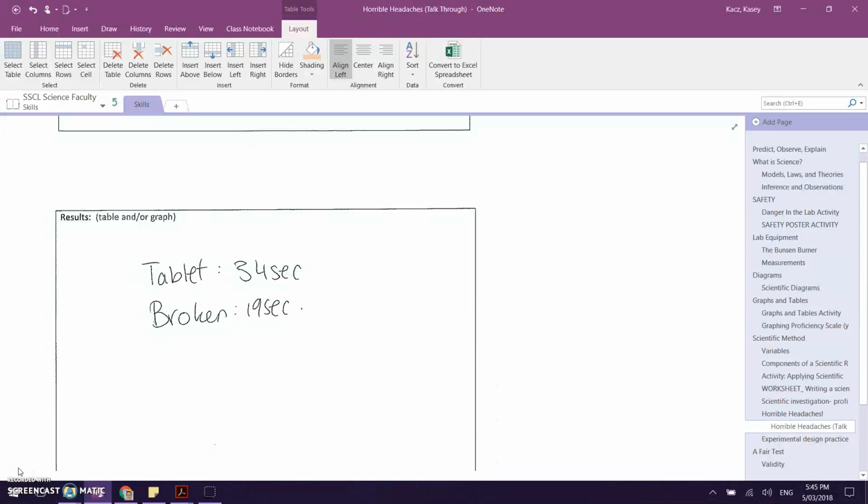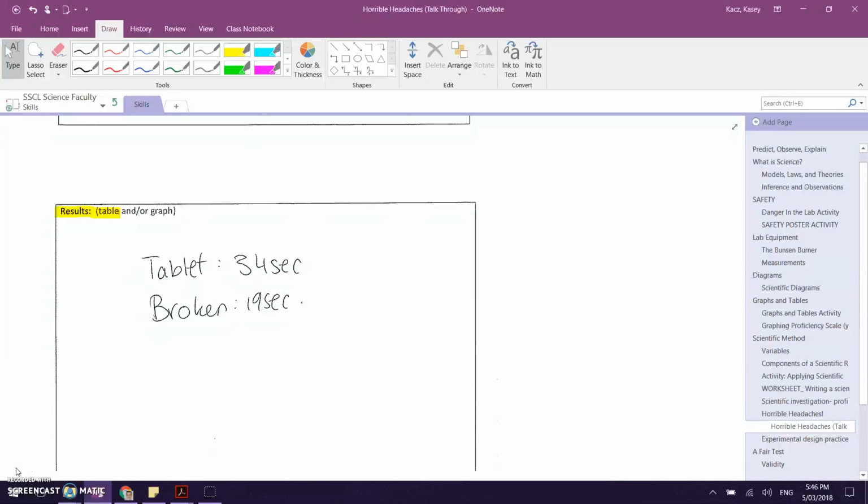And it's always a good idea if your table is drawn up before you start an experiment to make it easy to record your results and not just do them on a scrap bit of paper that you might lose. So a good results table has a heading that is informative. It has subheadings for each of the rows and columns.